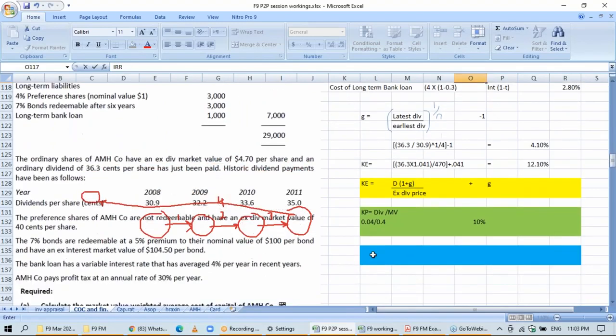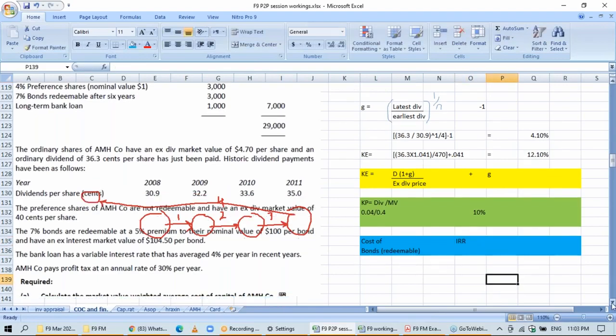So the cost of the bonds that are redeemable is calculated as follows. It is IRR, internal rate of return.